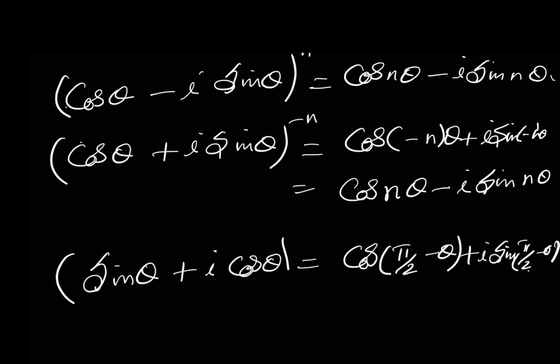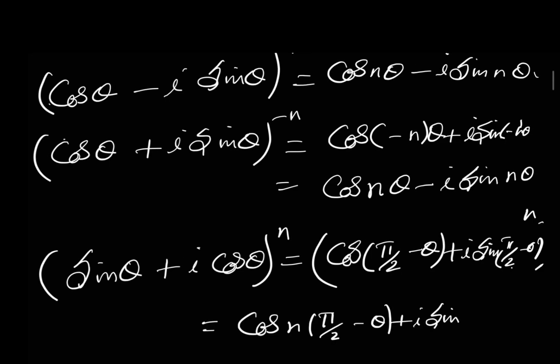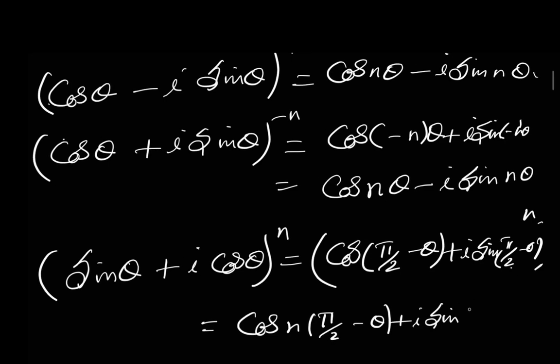So if you have the index n, the whole power n, you will get cos of n pi by 2 minus theta plus i sin of n pi by 2 minus theta.